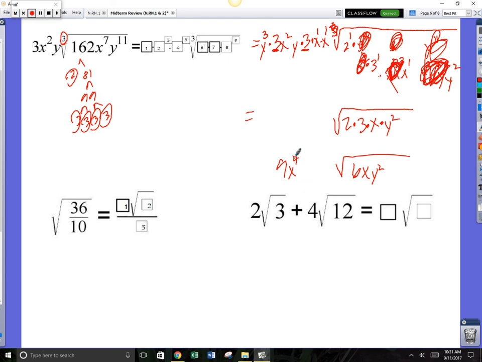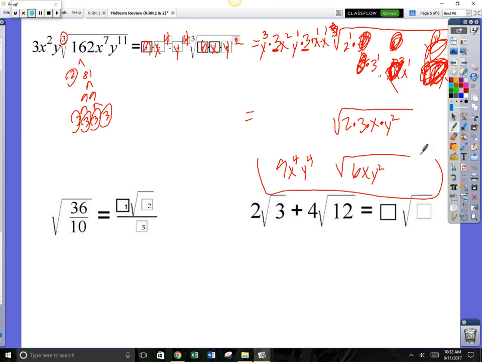And the y's, I got 3 here, and I got 1 here. So also I have 4 y's. So that means this is 9x^4 y^4 cube root of 6xy squared. And if you can do that one, then you can do them all, because that one is quite a few steps.